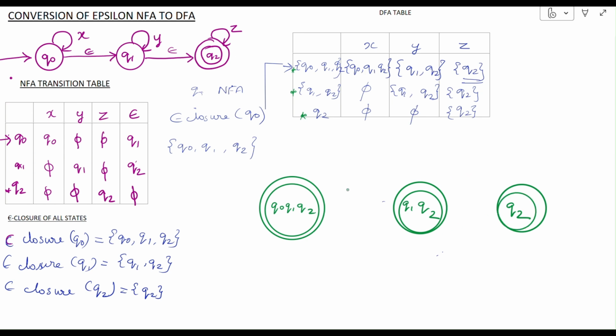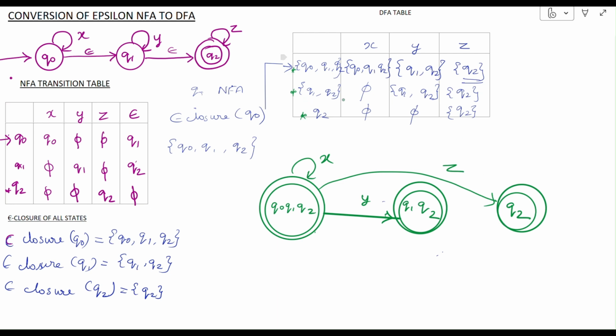On input X it is moving to itself, on input Y it is moving to Q1, Q2, on input Z it is moving to Q2.